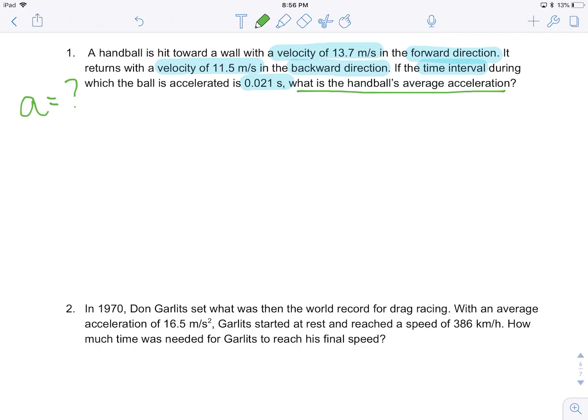A handball is hit towards a wall. So here's a wall, and it is moving in the forward direction at an initial velocity of 13.7 meters per second.